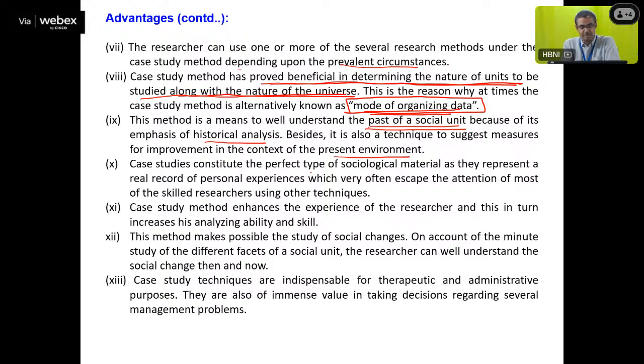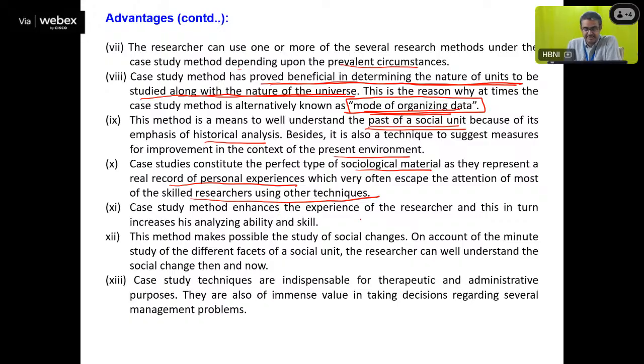So case study constitutes a perfect type of sociological material as they represent a real record of personal experiences, which very often escape the attention of most of the skilled researchers using other techniques. If you use other techniques, indirect techniques, like we discussed last day, instead of a case study method, you can miss some important factors on which sociological research will depend.